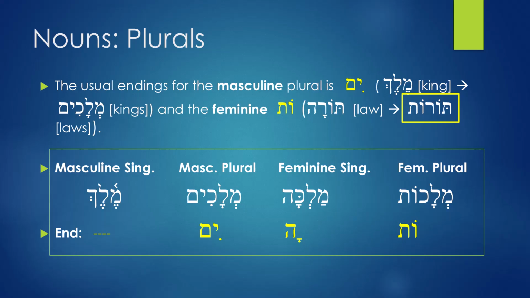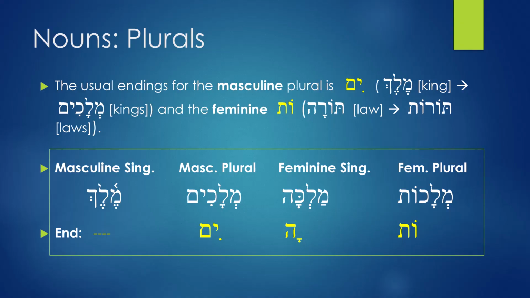Torah means law. Torot becomes laws. If you see Torot, you're going to translate it as laws, coming from the word Torah. So in Hebrew, masculine singular nouns add im to make plural, and feminine singular nouns add ot to make plural.